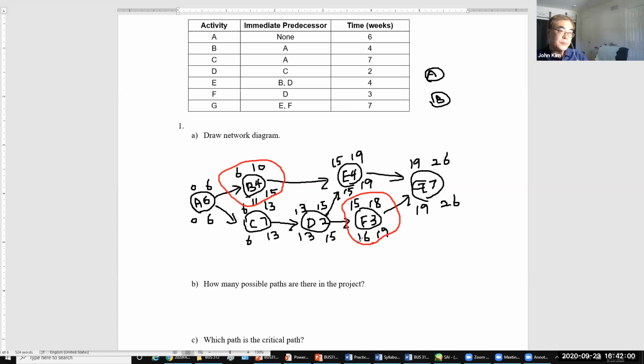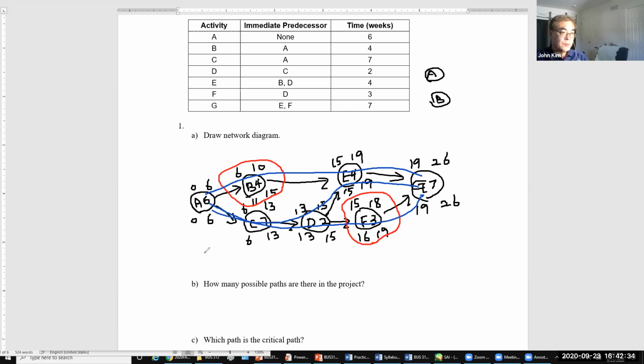So from this, there are 3 possible passes. One here, one more here, and then one another here. So there are 3 possible passes.